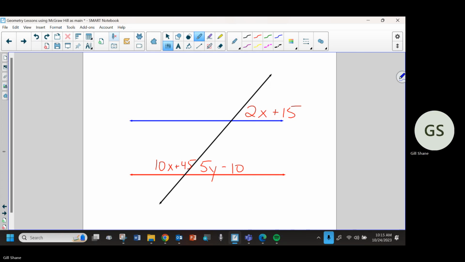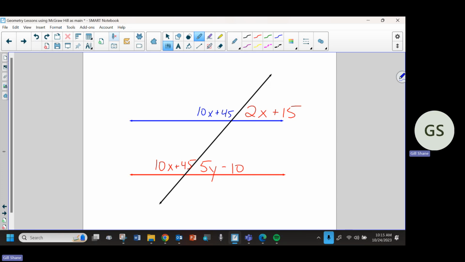This one? Yeah. All right. So I could say that's corresponding, same side. So this one would not be 5y, because it's not alternate interior, it's not alternate exterior, it's not corresponding.